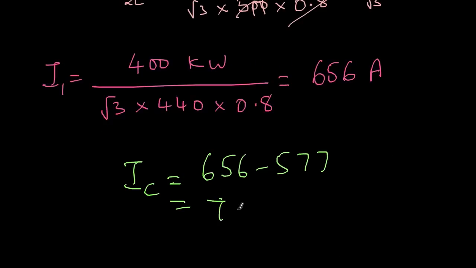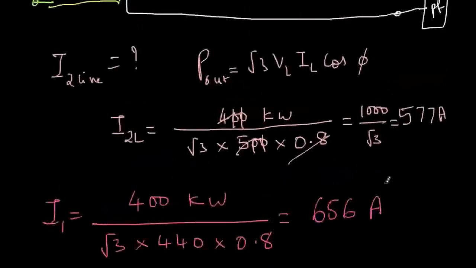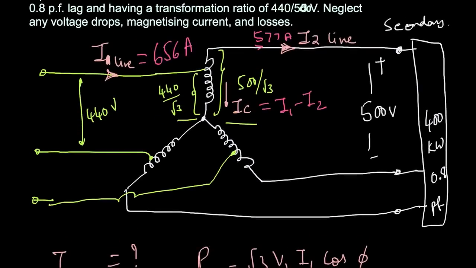So 79 amperes is flowing in this part. All these three 79 amperes will meet here and they will cancel out each other because they are all 120 degrees apart. And then here the current is 656, here the current is 656, here the current is 577. So this is the final solution of the problem.